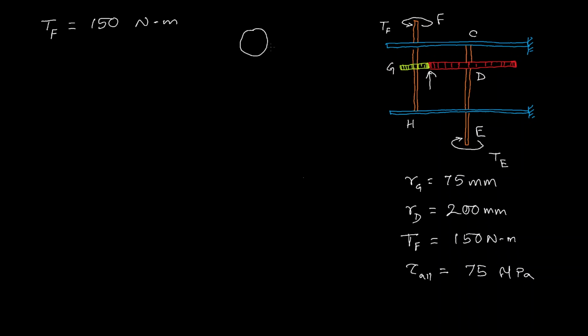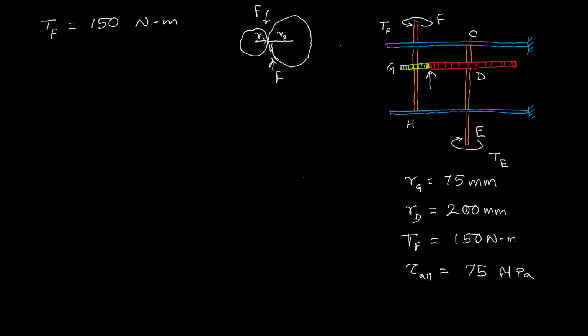If there is a gear like this and another gear like this, the force that acts here and here is the same because they are action and reaction forces, but the radii are R1 and R2.